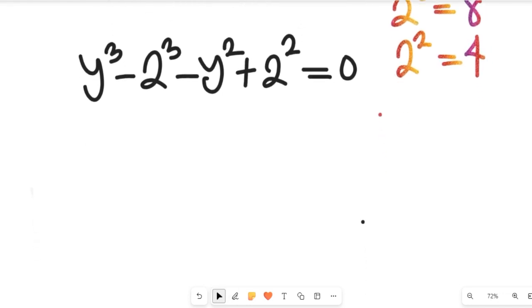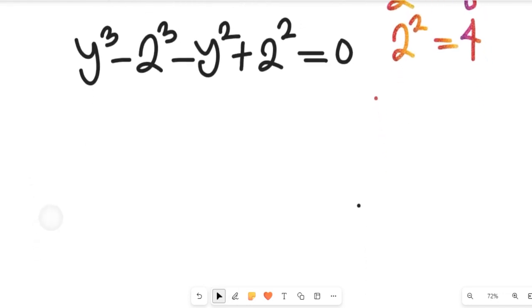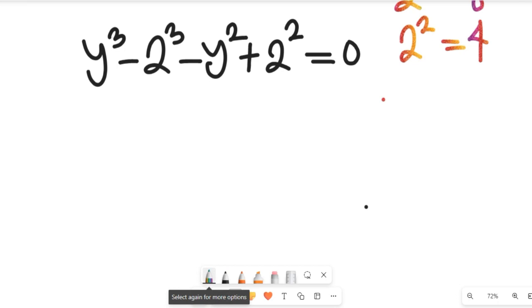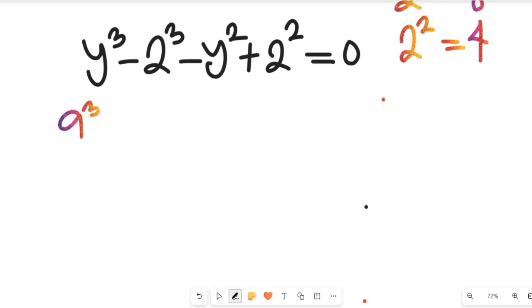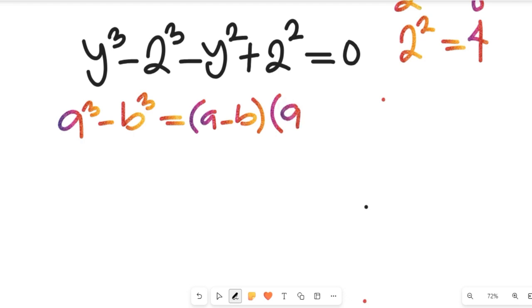To simplify this, we are going to apply an algebraic formula. And what is that algebraic formula? In that algebraic formula, we have a to the power of 3 minus b to the power of 3. What is this going to give us? It's going to give us a minus b on the first side, and then the first value squared plus the first and second value multiplied plus the second value squared.